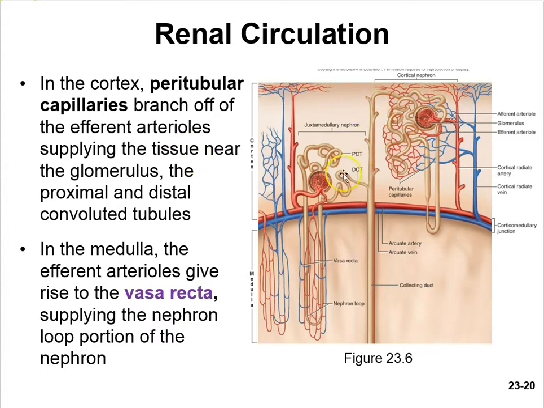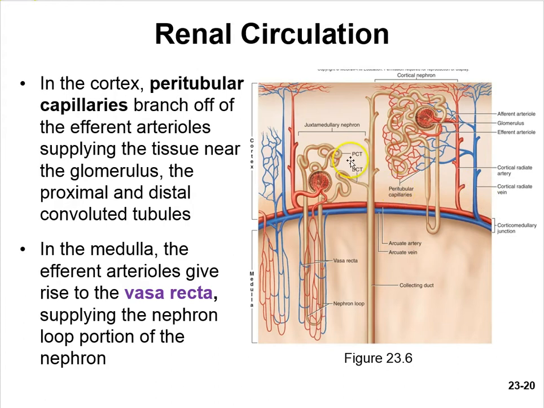In the cortex here, we can see the peritubular capillaries that branch off from the efferent arterioles that supply the tissue near the glomerulus, and the proximal and distal convoluted tubules.